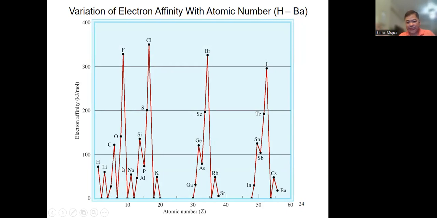Left to right is some sort of anomaly here. As you could see, the s orbital from S1 to S2 going down, and then P1, P2, P3, P4, P5.